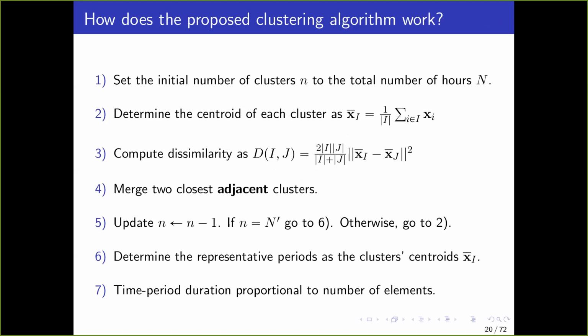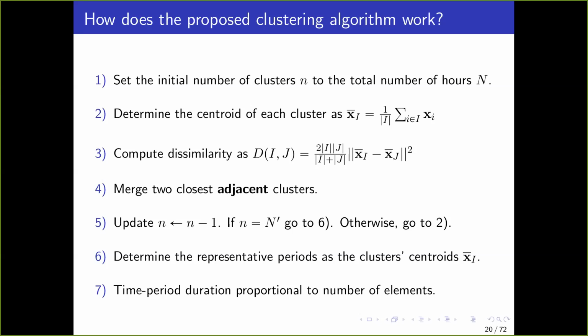We compute this similarity between consecutive hours, and this is step number 4, the most important one, where we just merge the 2 closest adjacent clusters. So maybe 4 p.m. is very similar to 9 p.m., but you cannot merge them because they are not consecutive hours.